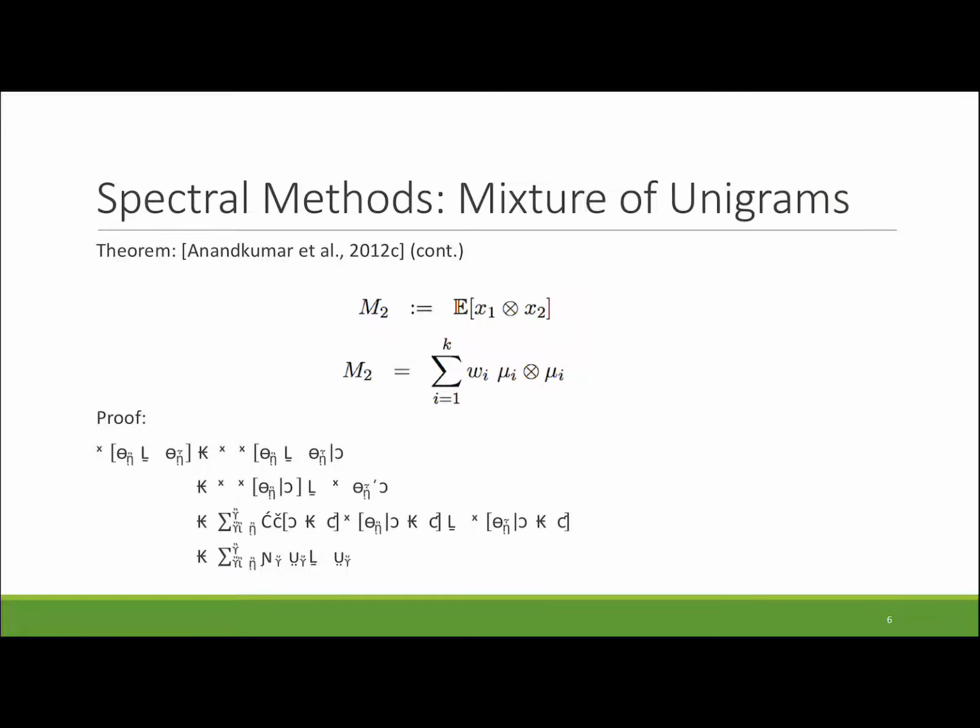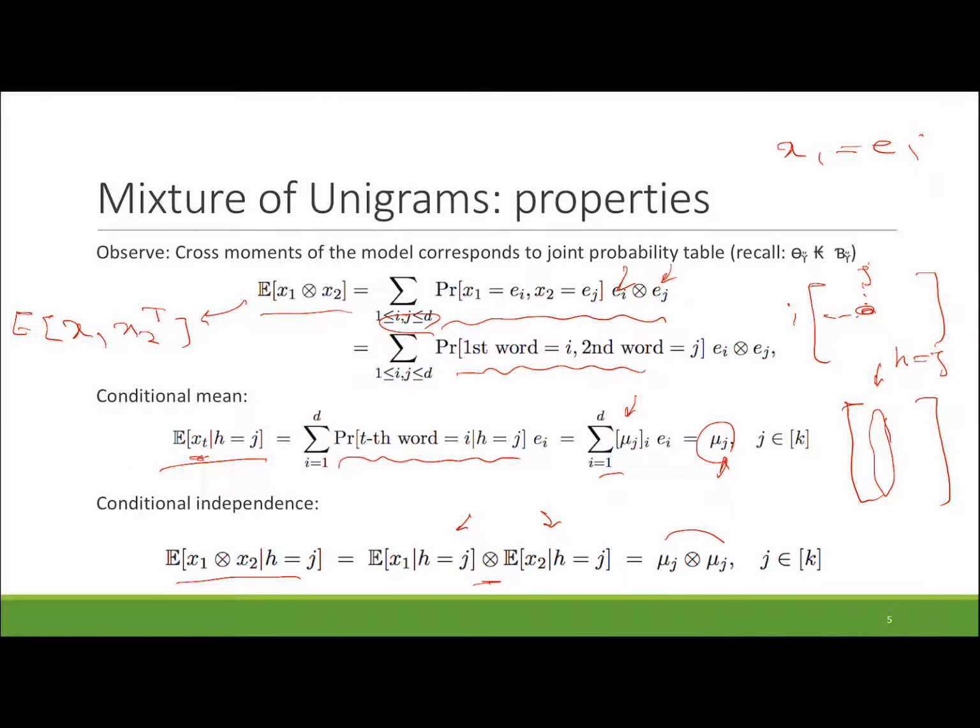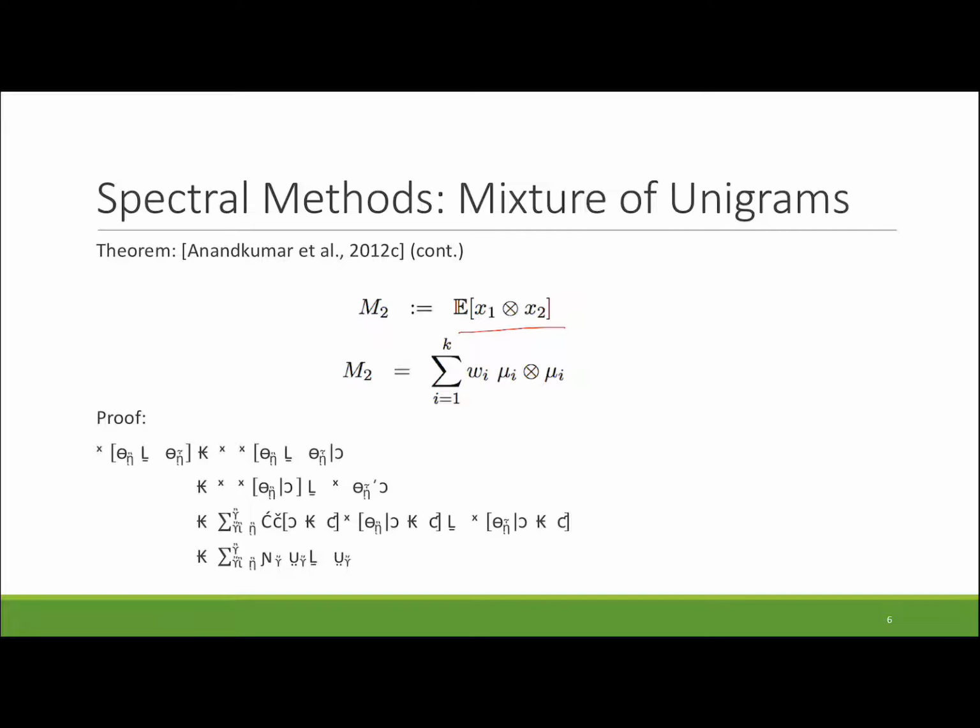So let's see how spectral methods comes in here for training the model. According to this theorem, the cross moment that we formed here and we saw here can be decomposed into a rank k matrix whose factors or eigenvalues are the columns of the topic word matrix and whose coefficients are the probability of my h being equal to j, right?